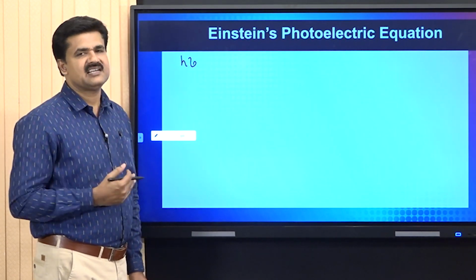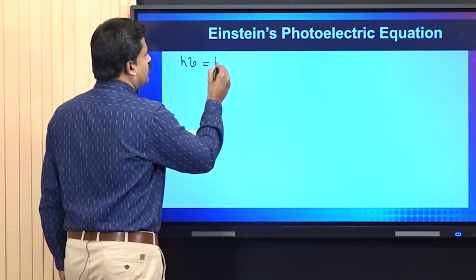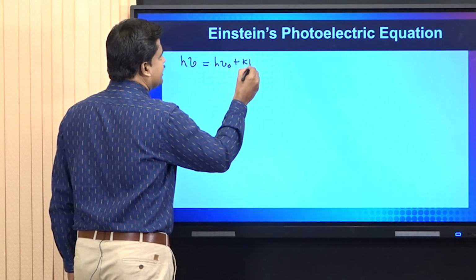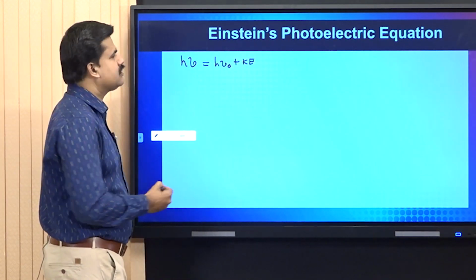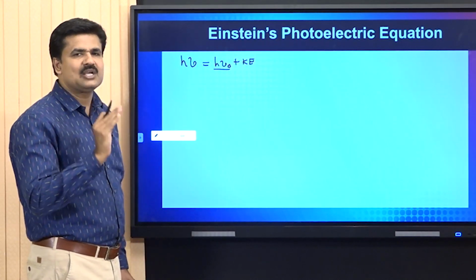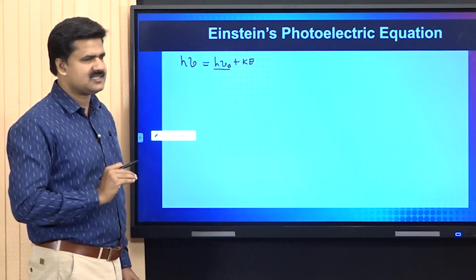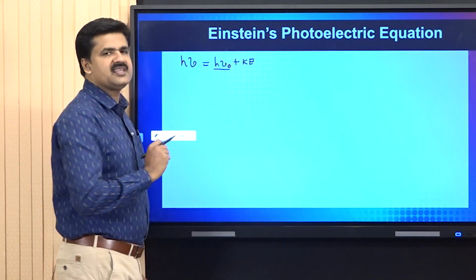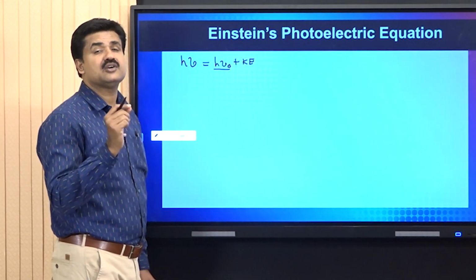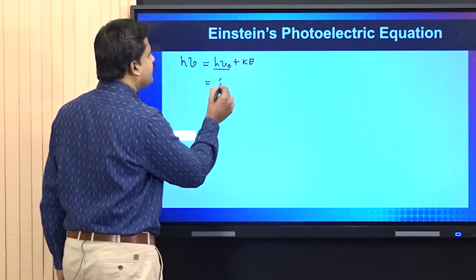provide kinetic energy. Thus, h nu is equal to h nu 0 plus kinetic energy. Here, h nu 0 is the energy required to remove electrons from the metal surface. This term h nu 0 is otherwise known as work function, and work function can be marked as phi.